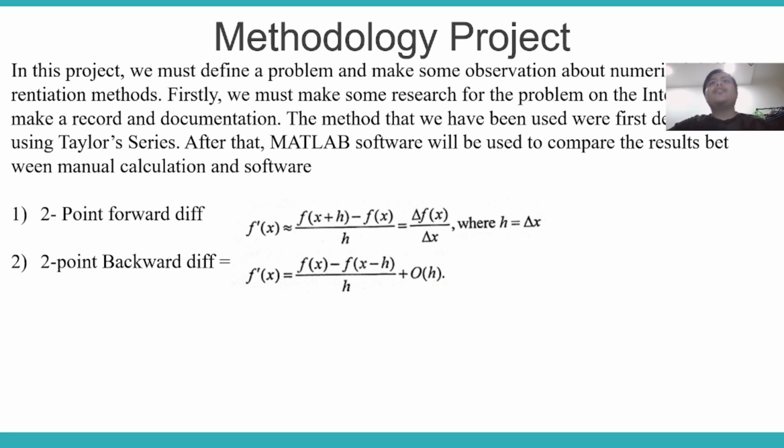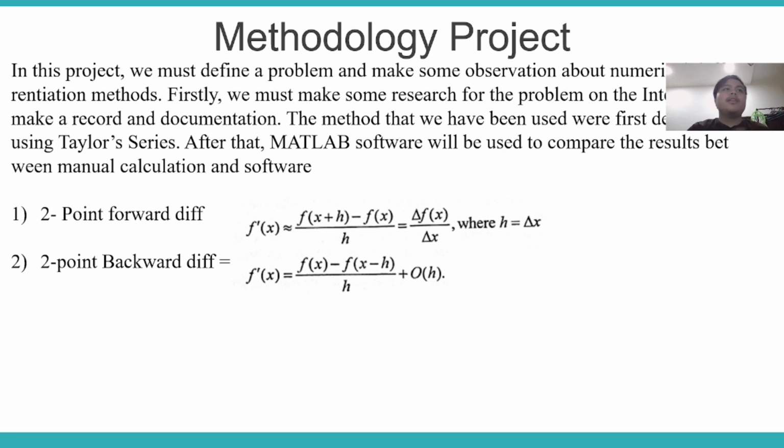The methods that we used were the first derivative using the Taylor series, and then we need to use MATLAB software because we need to compare the manual calculation with the software.